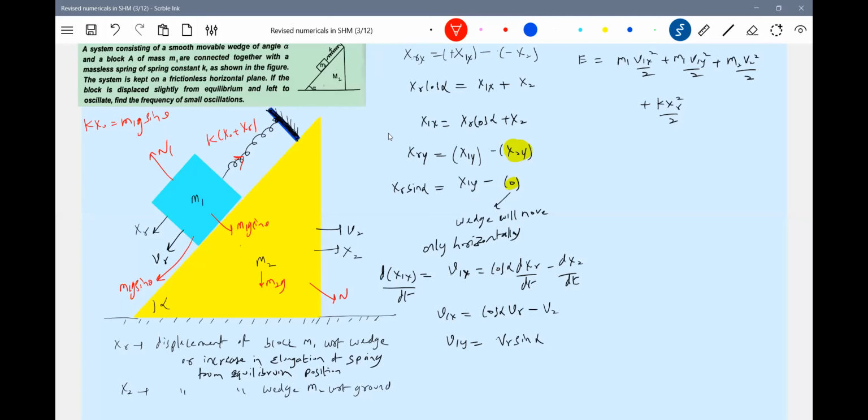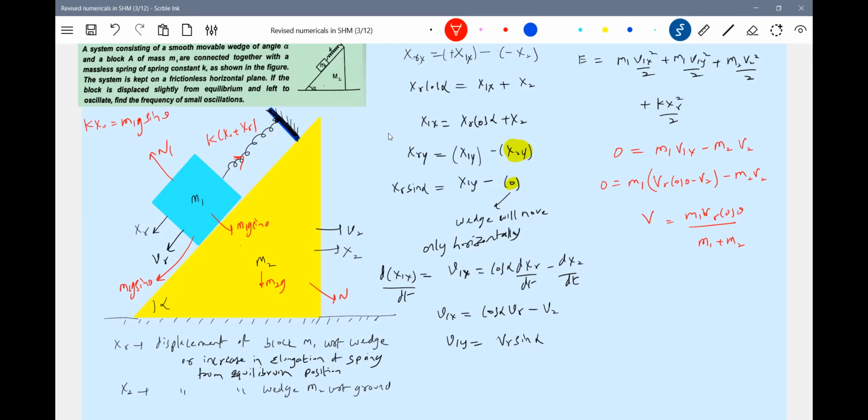From the conservation of linear momentum, initially the system was at rest. So this will become m1 v1x minus m2 v2. What is v1x? V1x equal to vr cos theta minus v2, minus m2 v2. V2 is equal to m1 vr cos theta by m1 plus m2.